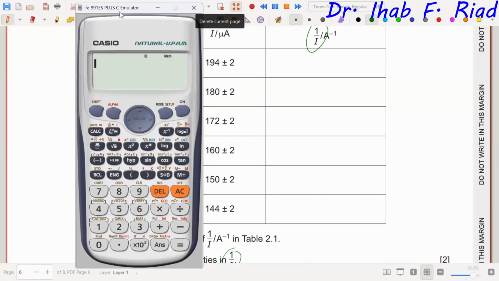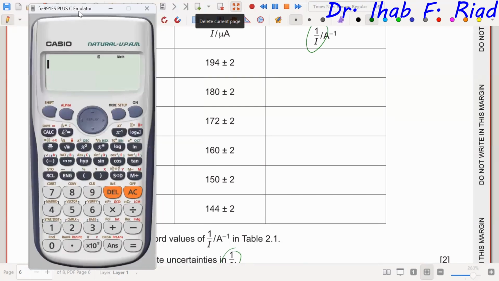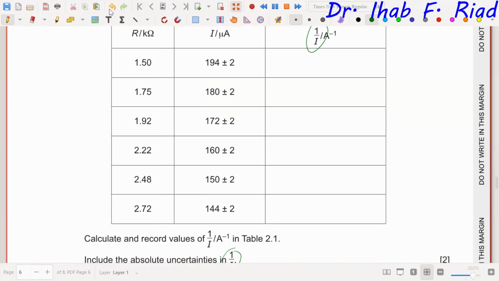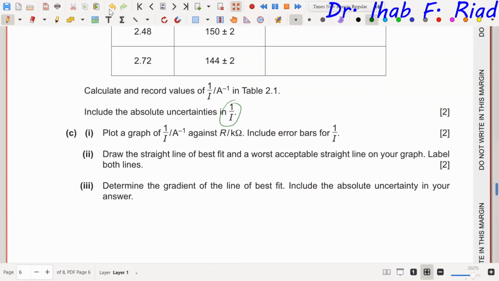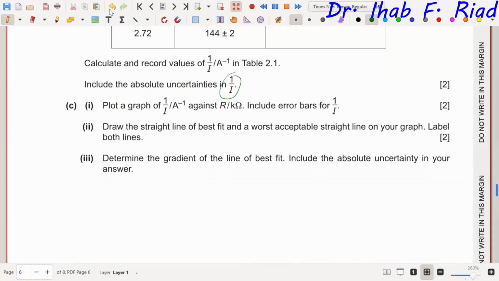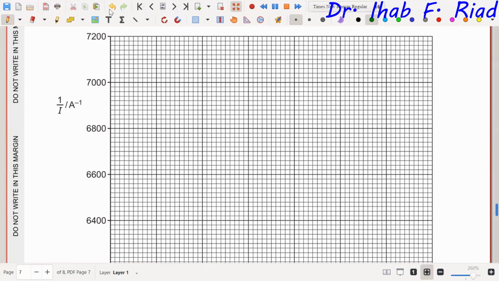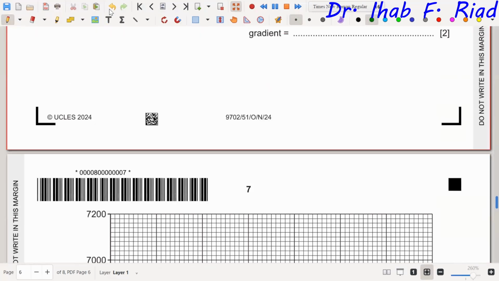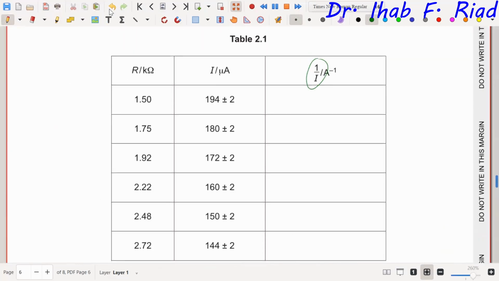I will change 194 because it is in microampere. We need to change it to amps, right?